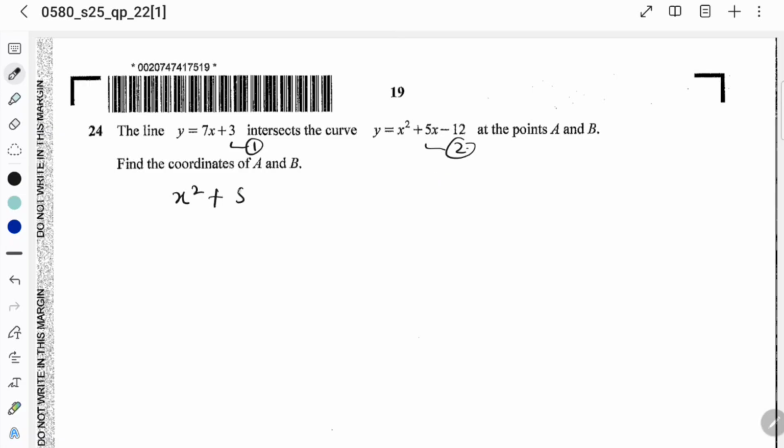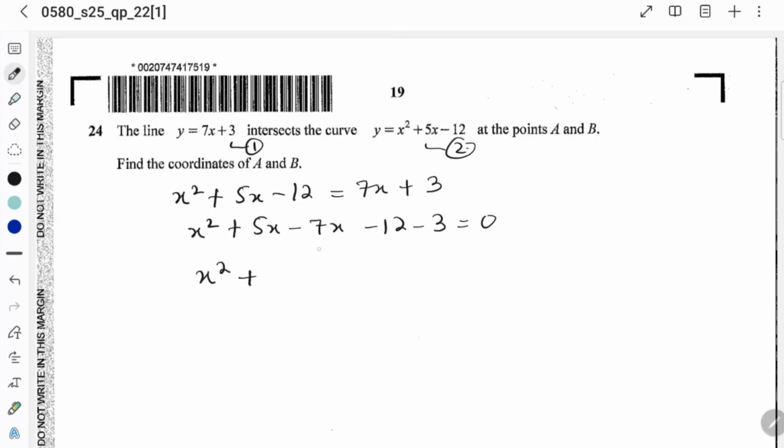x squared plus 5x minus 12 is equal to 7x plus 3. So x squared plus 5x minus 7x minus 12 minus 3 equals 0. That gives x squared minus 2x minus 15 equals 0. Now we have to find the factors. 3 times 5 is 15, with a difference of 2.